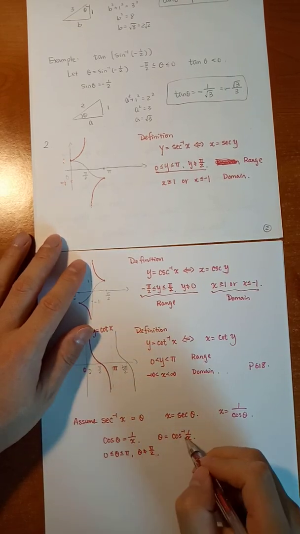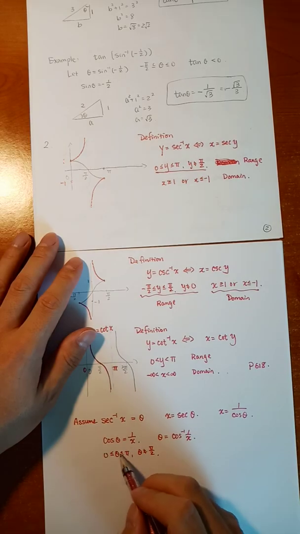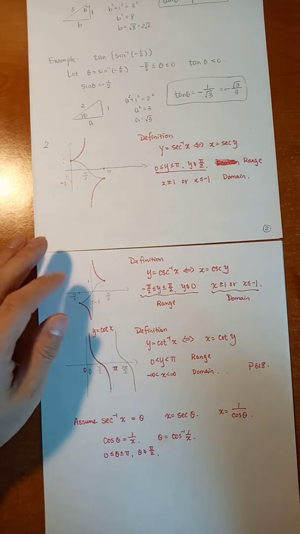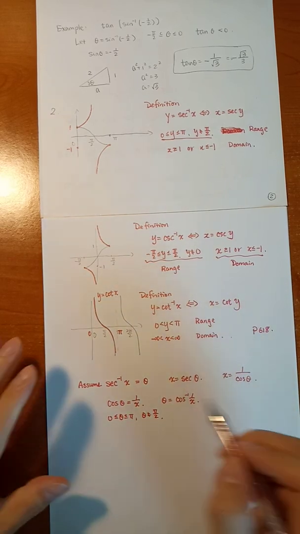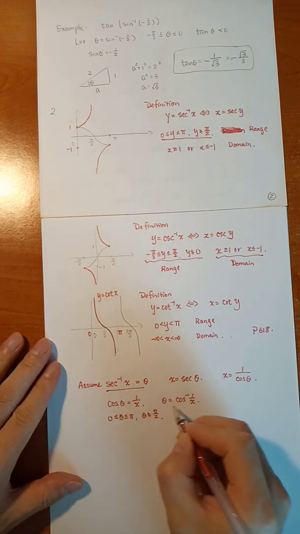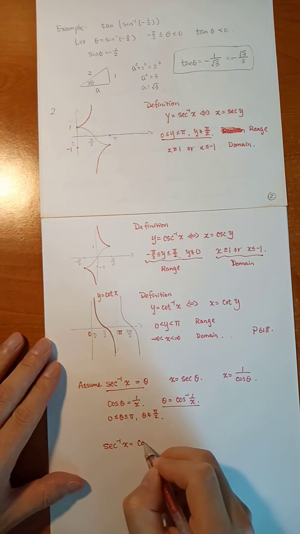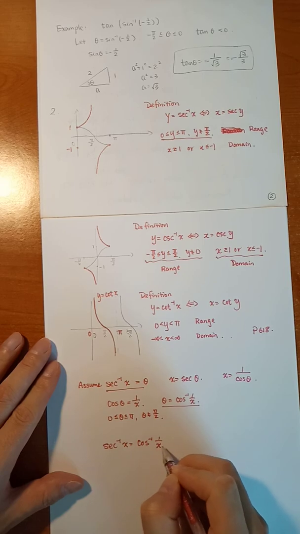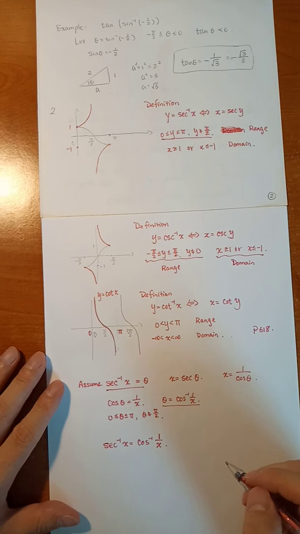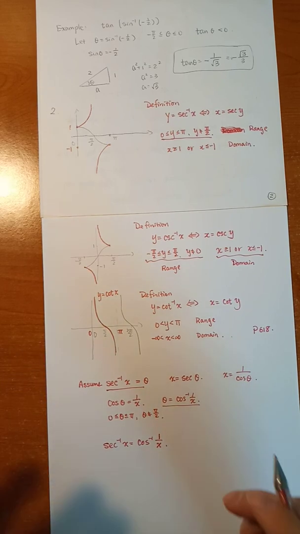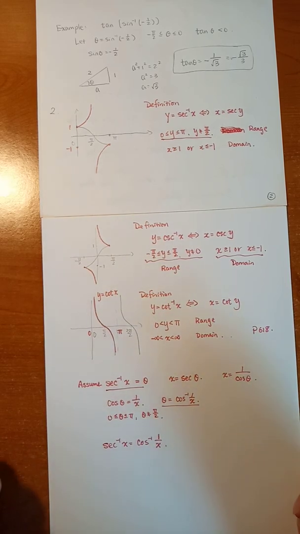With this condition, you can directly apply the inverse. If you have a different domain, you cannot apply it directly. So secant inverse of x is always cosine inverse of 1 over x, for whatever input you have.